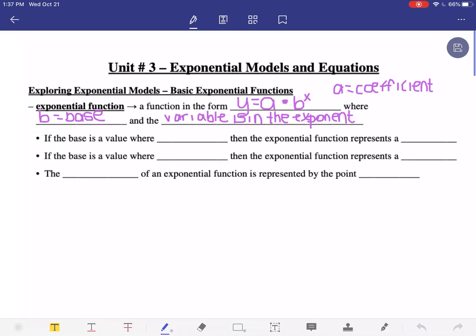All right, some more information about each of these letters and how your graph is going to look. If the base is a value where b is greater than 1, then the exponential function represents growth.